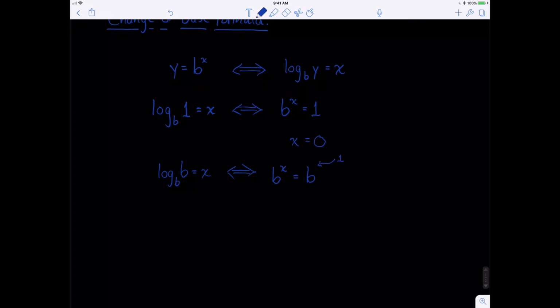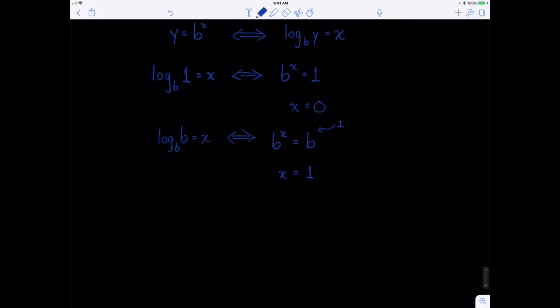So this is the same as saying x equals 1. So if you're taking the log of any number in that same base, the result is 1. A numerical one might look easier: log in base 2 of 2, since these are the same, this is 1.